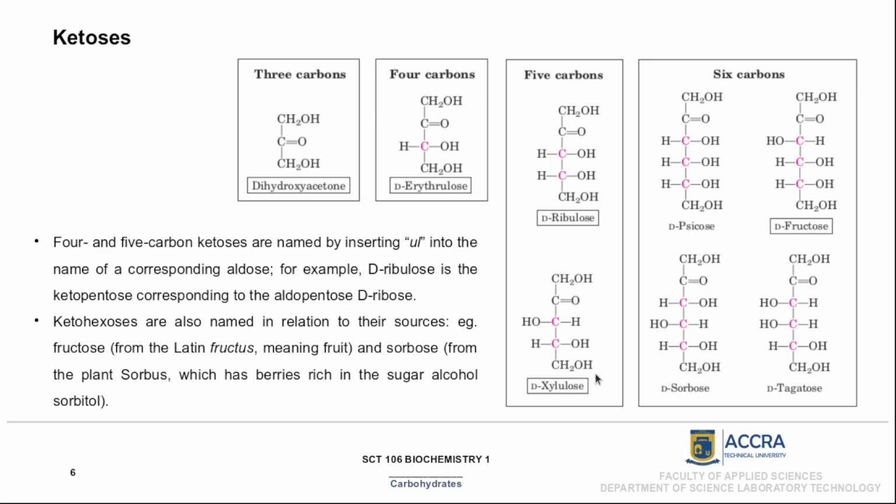Then also you have ketohexoses named in relation to the sources from which they are gotten. For example, fructose comes from the Latin word fructus, meaning fruit, because fructose is gotten from fruits. Fruits are rich in fructose.